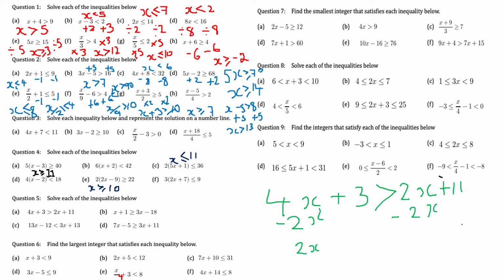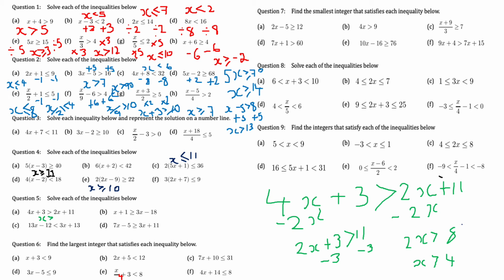So 2x plus 3 is greater than 11. Minusing 3 on both sides. So 11 take away 3 is 8. Dividing both sides by 2, and we get that x is greater than 4. Okay, so that's my answer for part A.